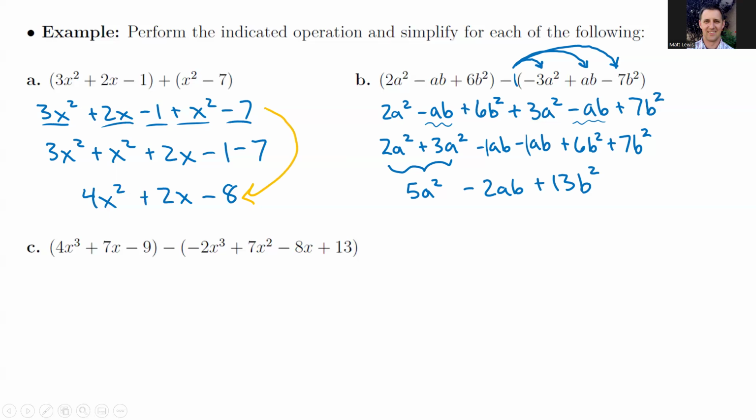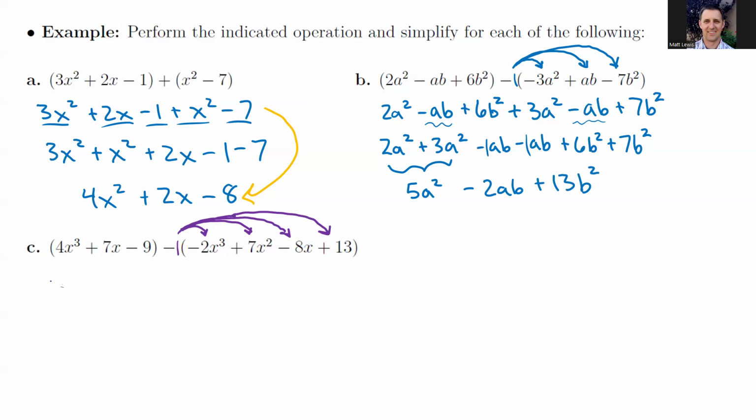All right, so then in part C, we have a similar situation to part B. I've got this minus out here. You don't have to shimmy the 1 in there, but it's a helpful thing for a lot of folks to remind themselves of what it means. Here we have to distribute this -1 to 4 different terms.